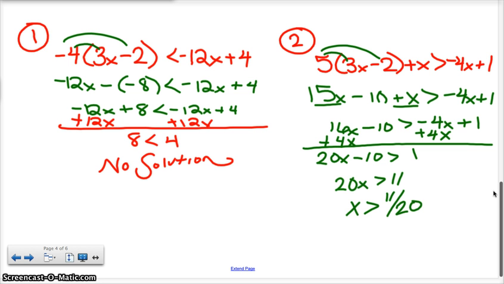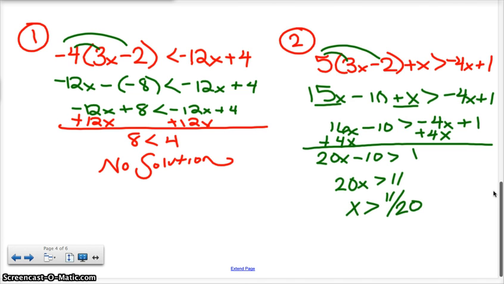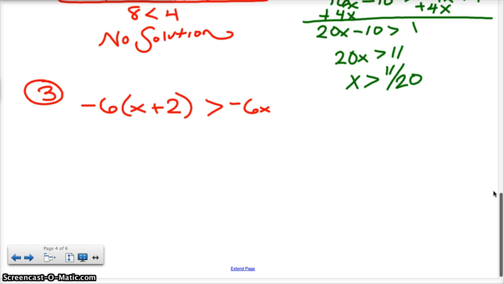Okay, we're gonna do another one. What you got on that? Okay, ready? Here we go. Our third practice problem. Let's do -6 times x plus 2 is bigger than -6x minus 15.